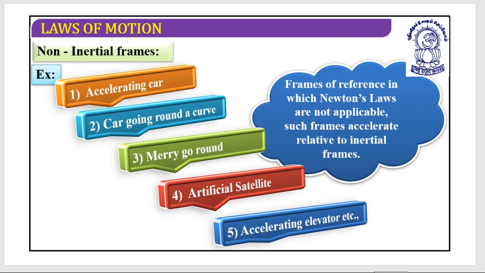Now let's look at the non-inertial frame of reference. What is it? It is a frame of reference in which Newton's laws are not applicable, and such frames are accelerating relative to inertial frames.